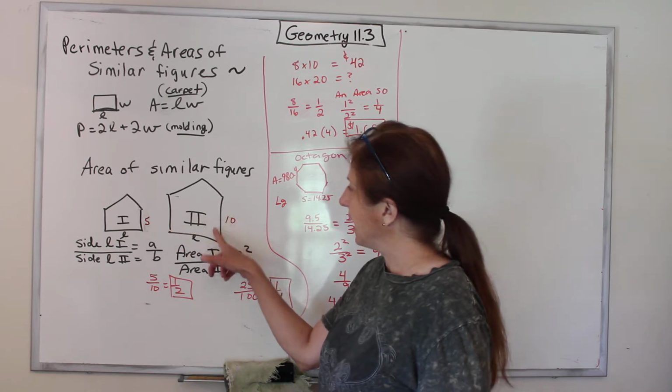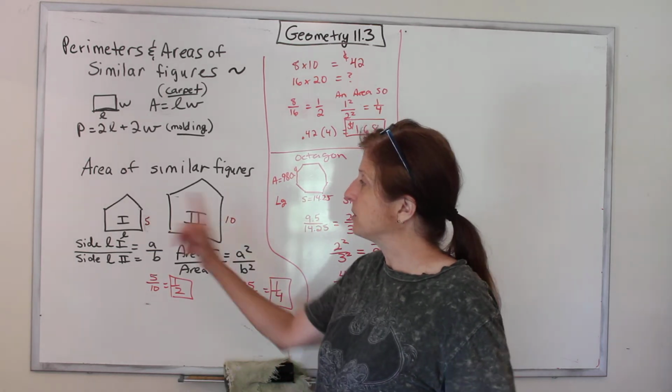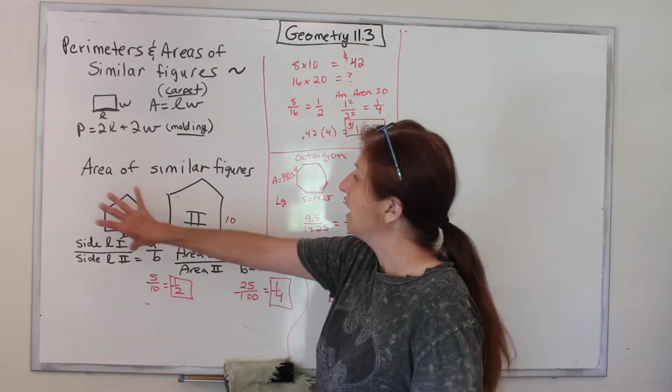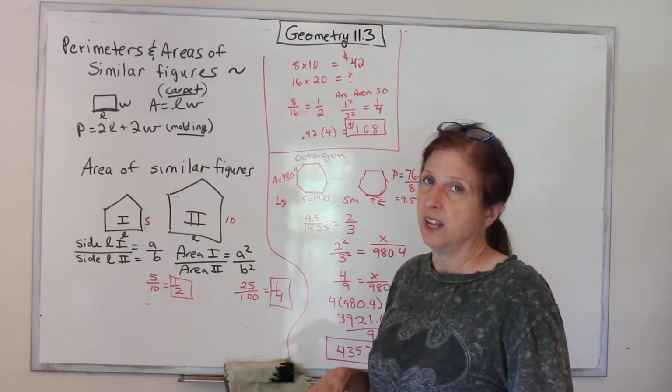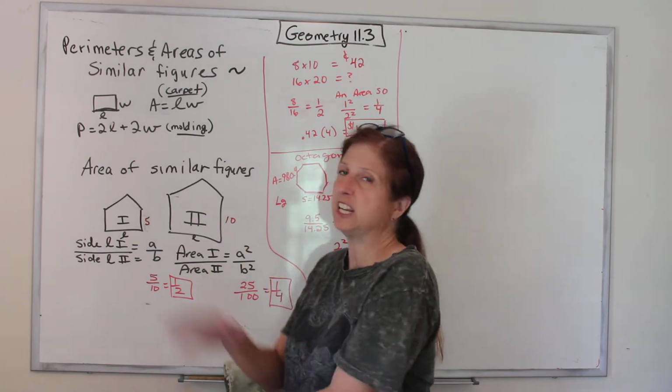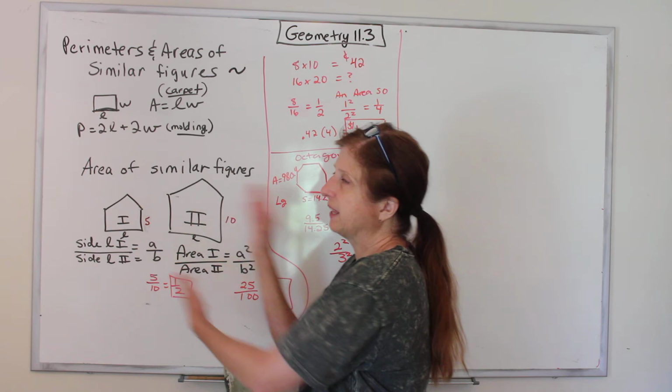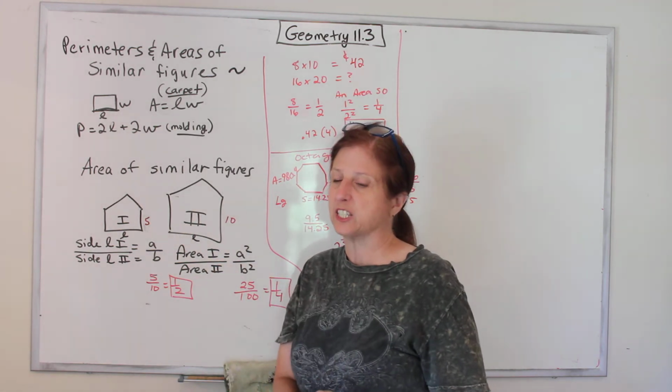So this area is 4 times bigger than that one. You can fit 4 of those in this one. So it changes exponentially, because there are exponents when you move from length to area. It's not a one-to-one relationship anymore.